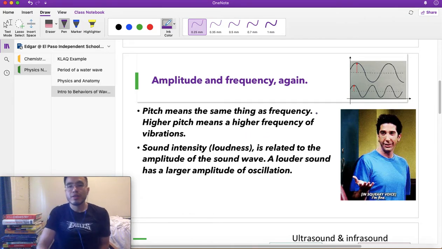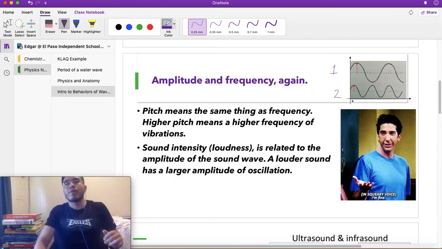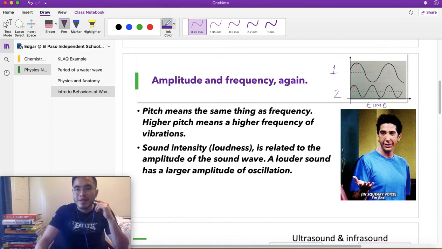If we take a look at this graph over here, we're going to call this top wave 1 and this bottom one 2. If we take the x-axis as time, the horizontal one, this is 1 unit of time, then we can see wave 2 repeats itself more times than wave 1.